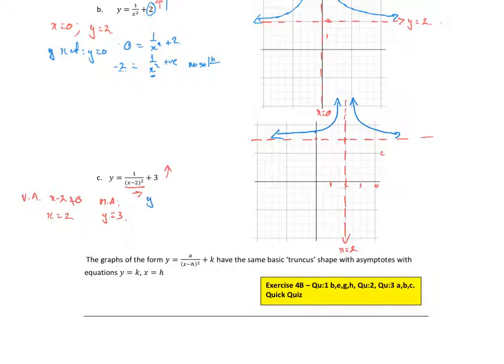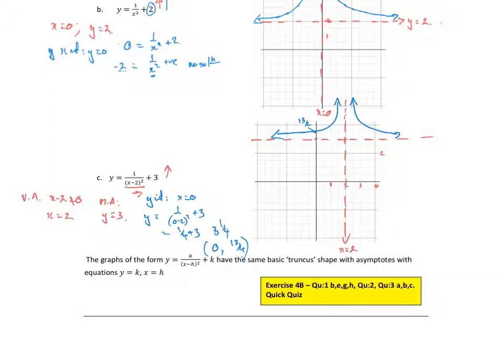So for the y-intercept, let's put x equal to 0. I get y equals 1 over 0 minus 2 squared plus 3, which is 1/4 plus 3. So it's 3 and a little bit. There's 3, the asymptote's a little bit up. So 3 and 1/4. So let's write that as (0, 3 1/4).